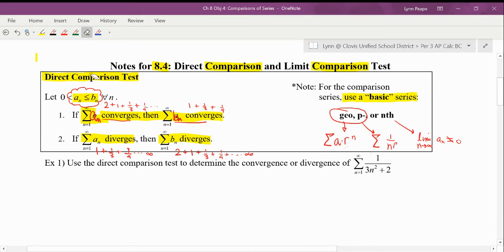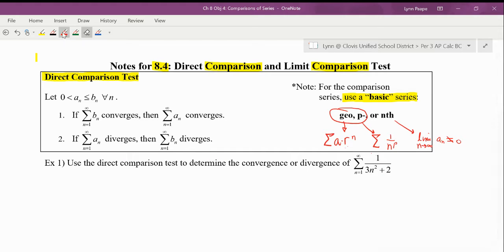So we have to keep in mind that when we're talking about this particular test, a direct comparison test, this only goes one way, okay? So we need to make sure that we're tracking that information, that if the bigger termed series converges, the smaller one would converge. If the smaller termed one, because I'm referencing this inequality, diverges, the larger termed one would diverge as well.